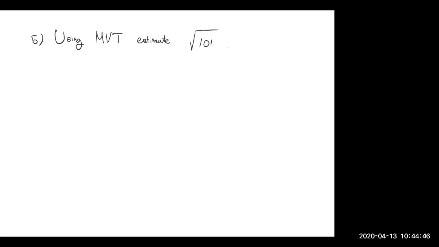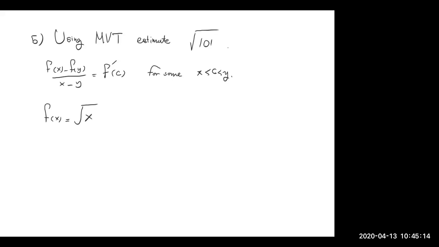Okay, so the mean value theorem says for differentiable functions, (f(x) − f(y)) / (x − y) is equal to the derivative of the function at some point c between x and y. Here, the function we are interested in is the square root of x.